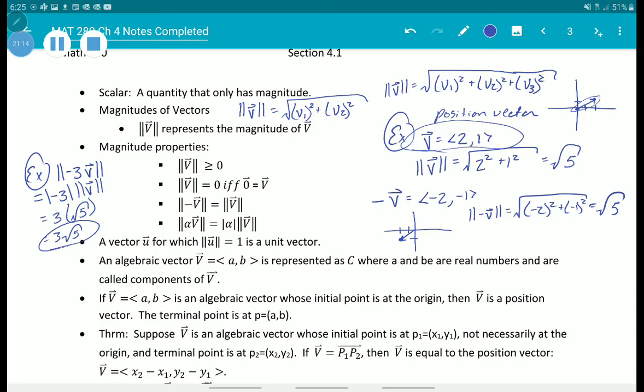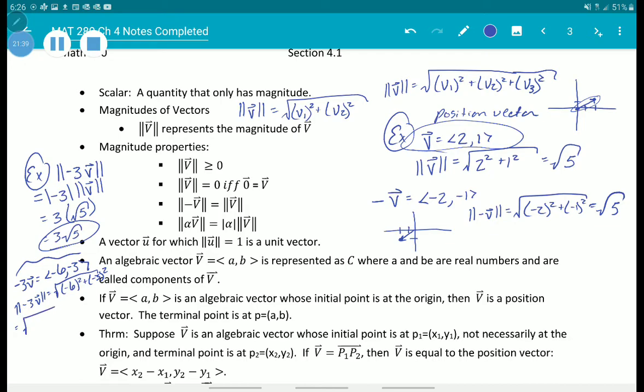Now, if we would have done that the long way, negative 3v in our case would be negative 6, negative 3. So take the magnitude: negative 6 squared plus negative 3 squared.